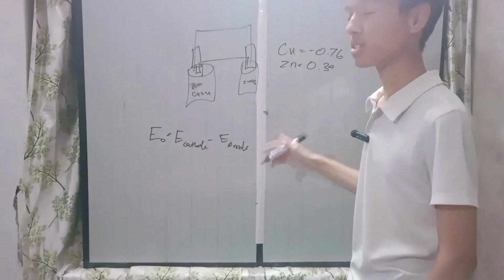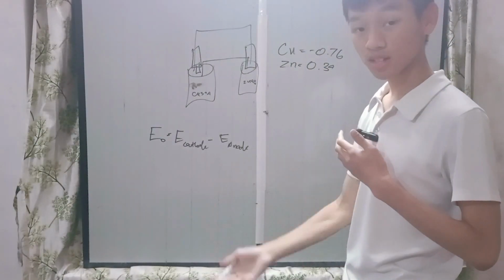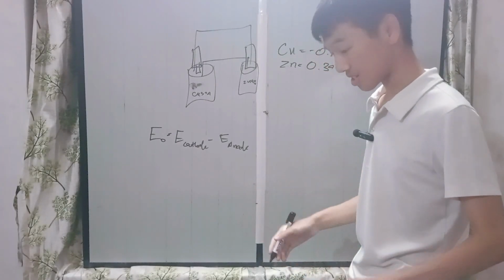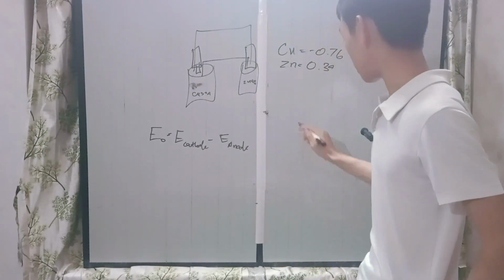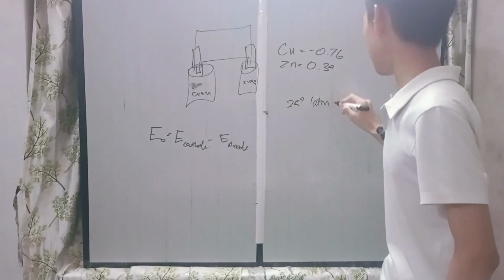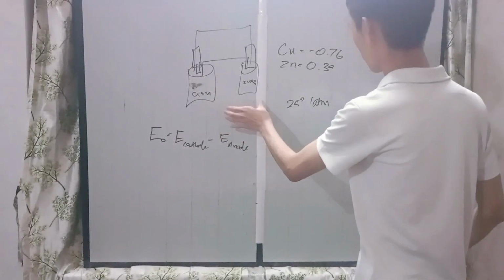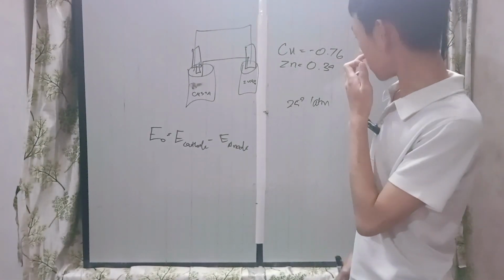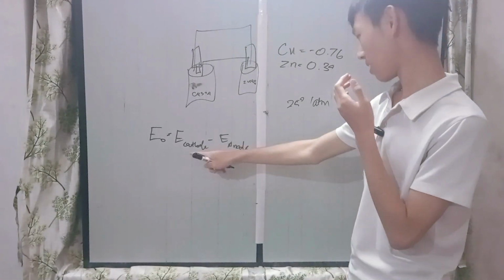EMF will be induced, and in order to calculate the EMF under standard conditions, by standard conditions I mean that the temperature is 25 degrees Celsius, the pressure is 1 atm, and both have 1 mole, so they're both equal. Okay, we use this formula.